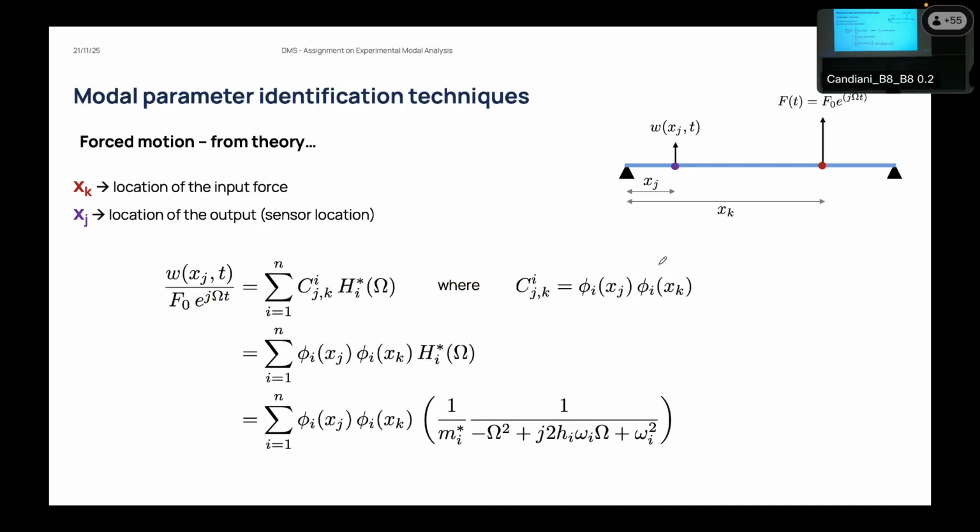At this point, the frequency response function is always the ratio between the spectrum of the output and the spectrum of the input.